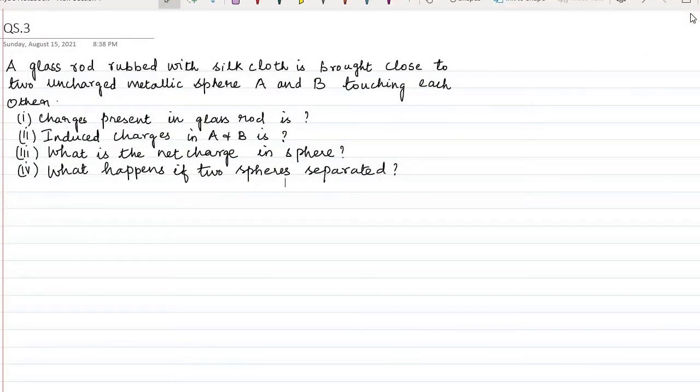A glass rod rubbed with silk cloth is brought close to two uncharged metallic spheres A and B touching each other. So a glass rod is rubbed with a silk cloth.